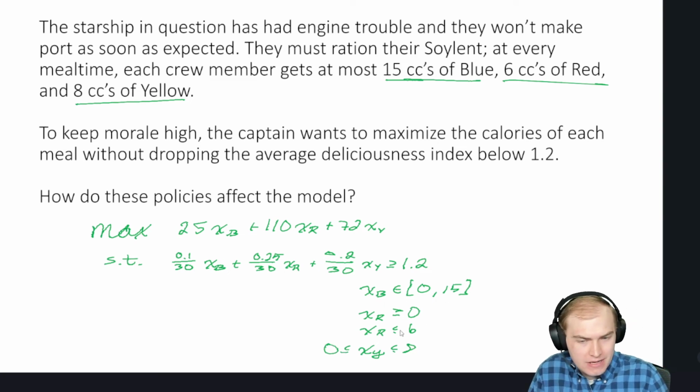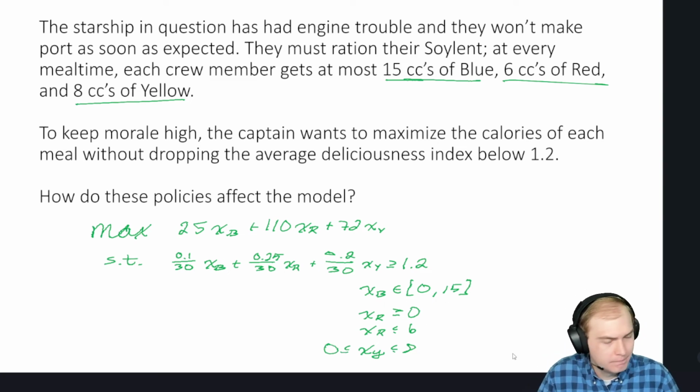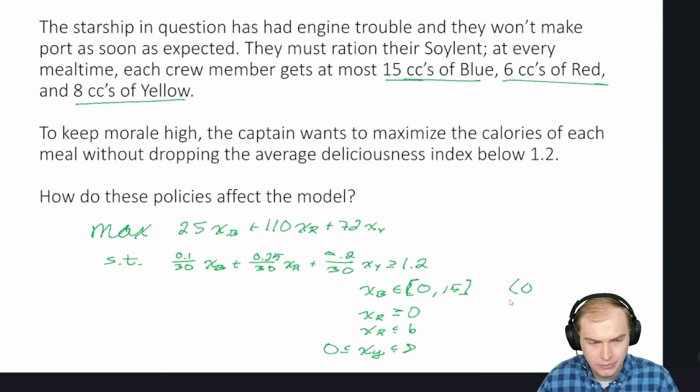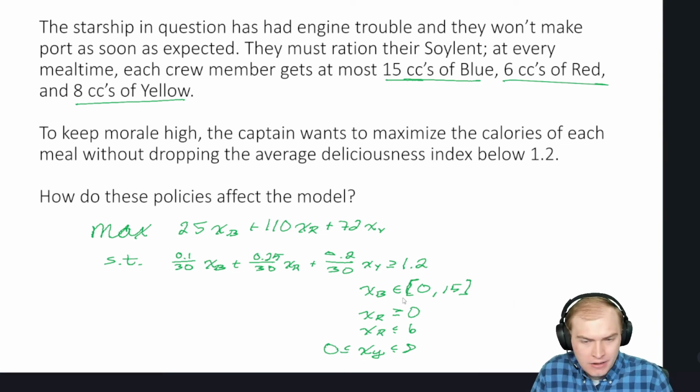All three of these mean essentially the same thing, that XB runs between 0 and 15 inclusively. So this is equivalent to a less than or equal to. You can also do 0 to 15 exclusively, which is a strict inequality. But we don't want strict inequalities here.